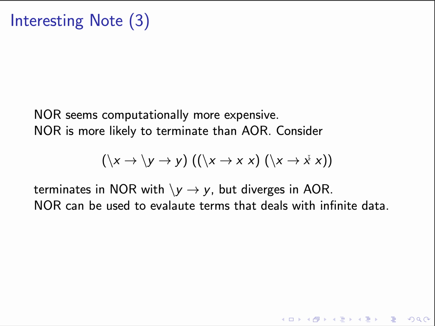Compared to that, with applicative order reduction we still have to compute the innermost redex. In this case, this is the one we first trigger, and this would cause non-terminating behavior. That is why in Haskell we have lazy semantics, and sometimes we are able to write programs that work on infinite data structures. That is due to the property of normal order reduction.